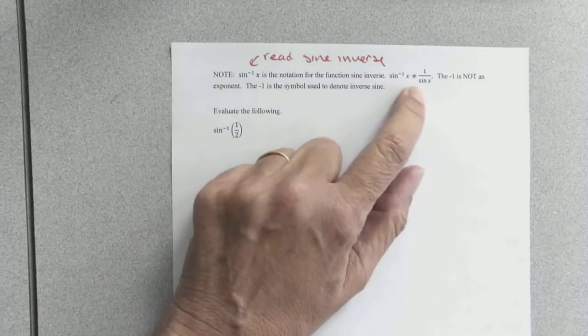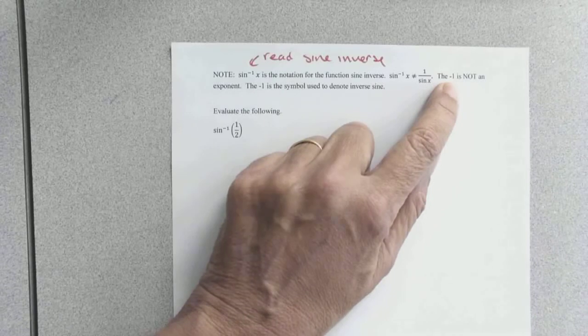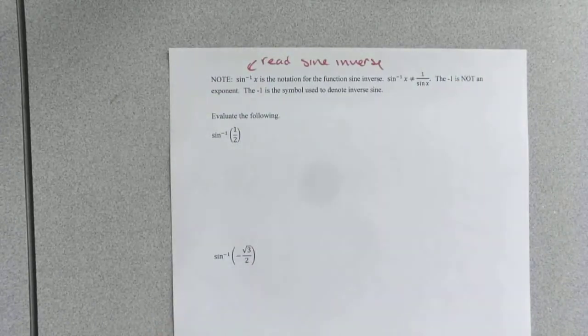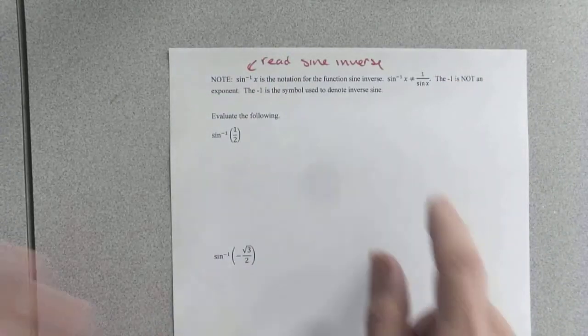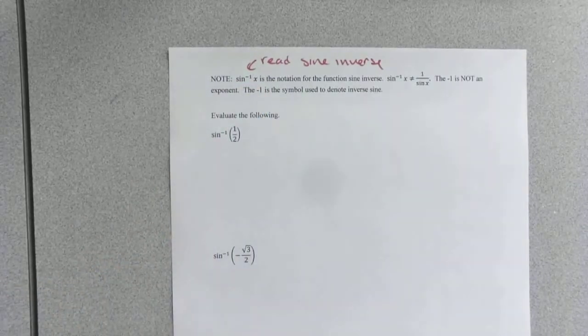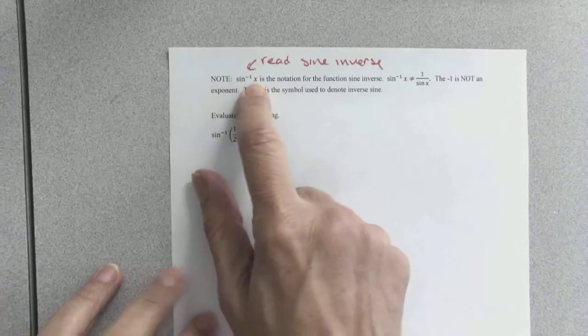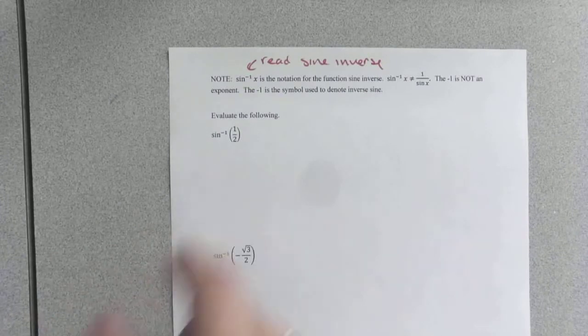It is not equal to 1 over sine. The negative 1 is not an exponent. The negative 1 is the symbol that we use for sine inverse. And misinterpreting that symbol to mean 1 over sine is just totally wrong, and you will just lose all the points. You've got to remember that that is our symbol for an inverse function.